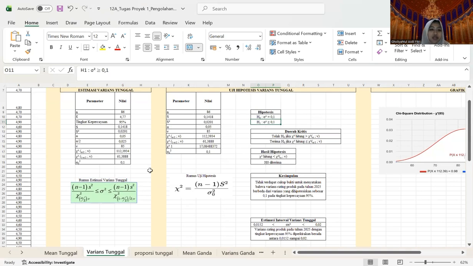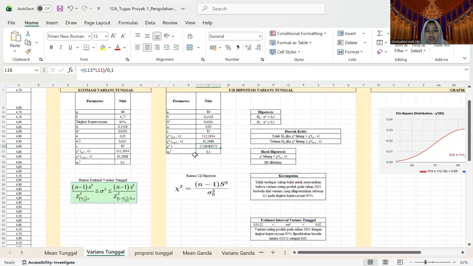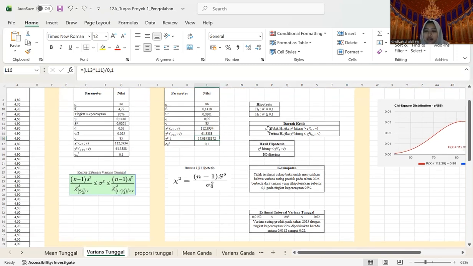Now we need to calculate the chi-square calculated with this formula, which is the chi-square calculated is equal to 17.0849.